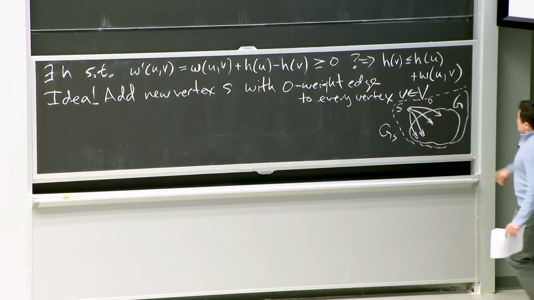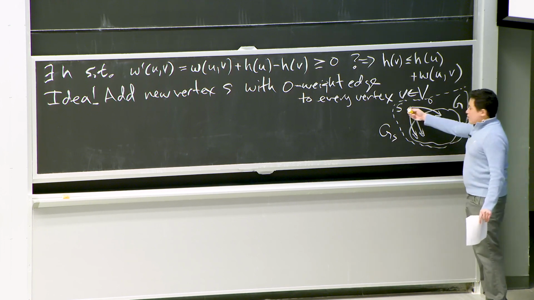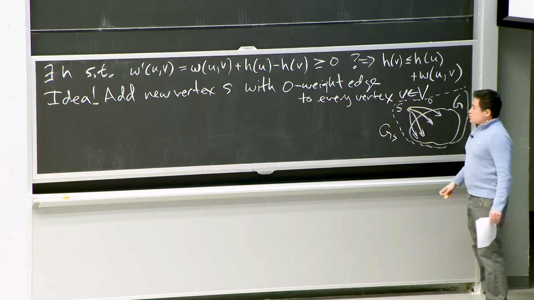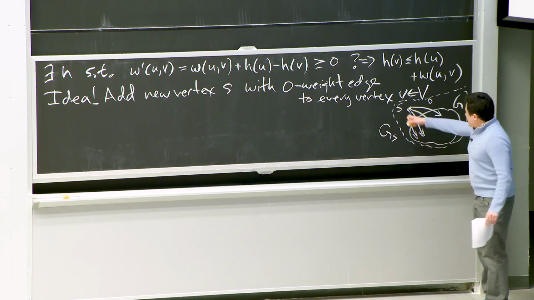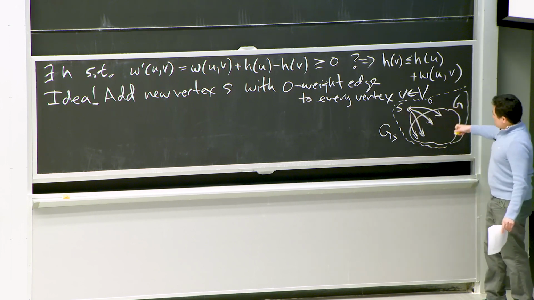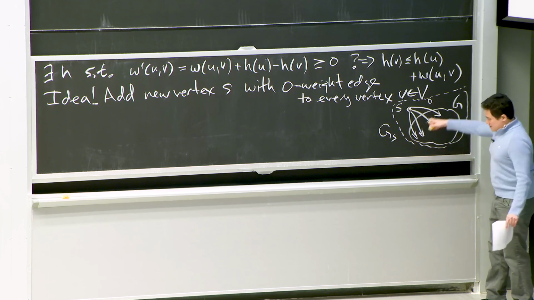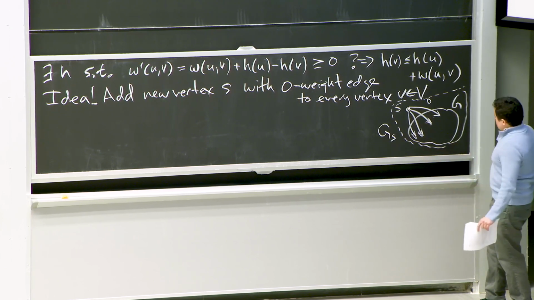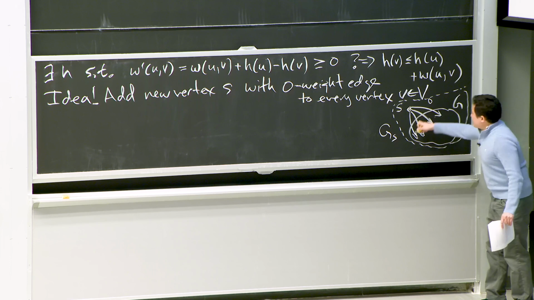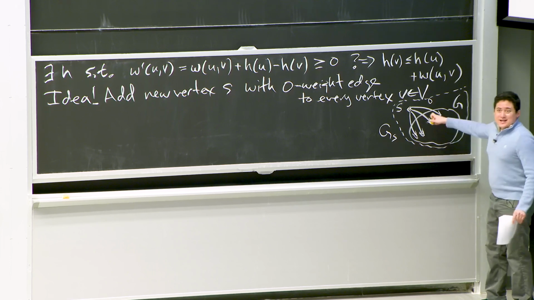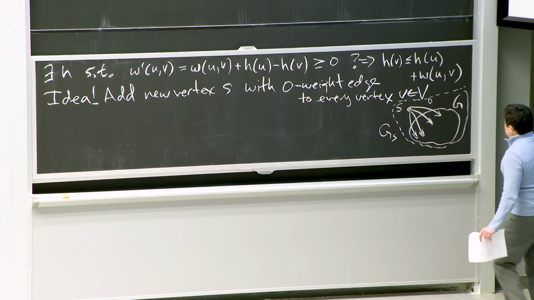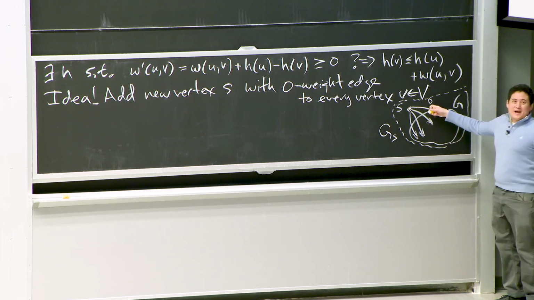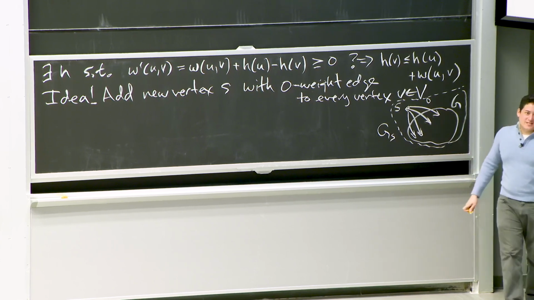And the claim is, now if I run some single source shortest path algorithm from S to compute the shortest path distance to all of the vertices, the shortest path distance to each of the vertices can't be positive, right? Because there's a zero weight edge, so a minimum weight path is going to be no bigger than 0.